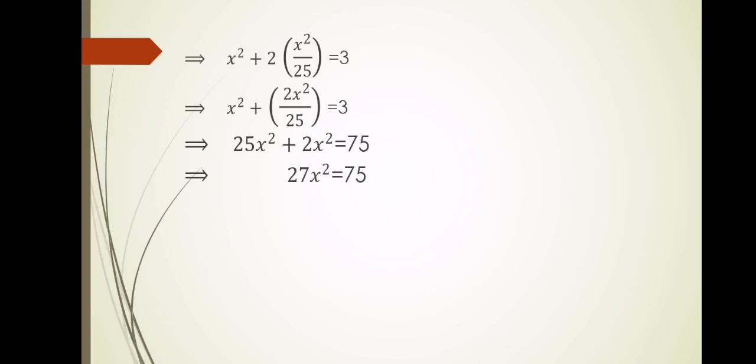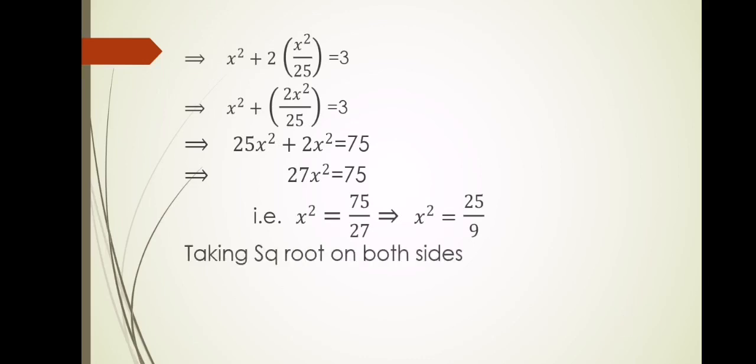Adding 25 and 2, we just get 27x square is equal to 75. Dividing 27 on both sides, we just get x square is equal to 25 divided by 9. Now taking square root on both sides, we just get x is equal to plus minus 5 by 3.